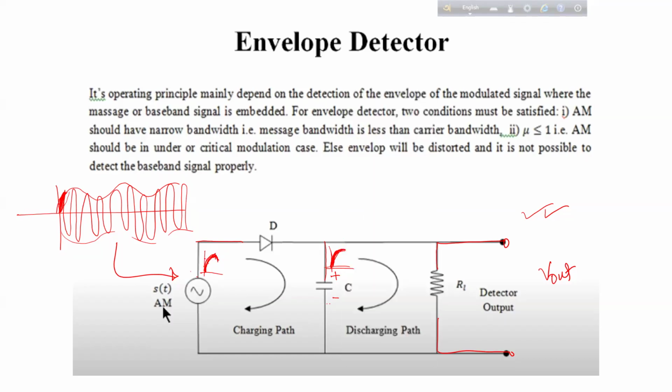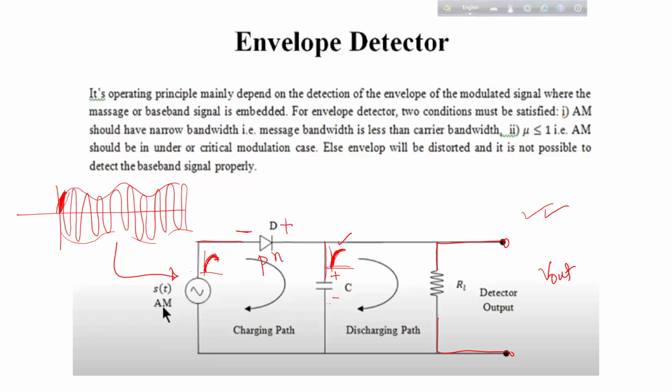Now, when the input voltage crosses the maximum value and tends to decrease, the voltage of the capacitor is larger than this, and this positive terminal is connected with the N terminal of the diode.